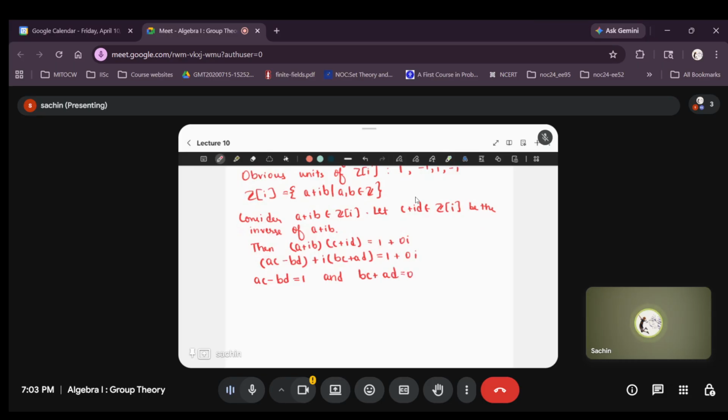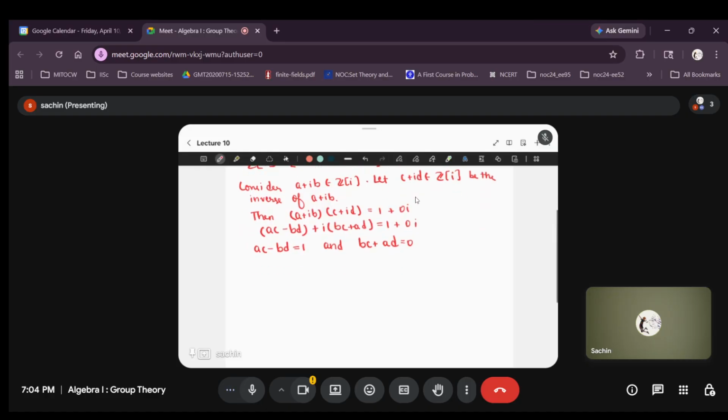Yes, that's so far good, but then here some manipulation is required. If you square this, what will you get?